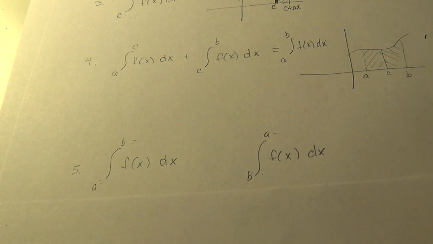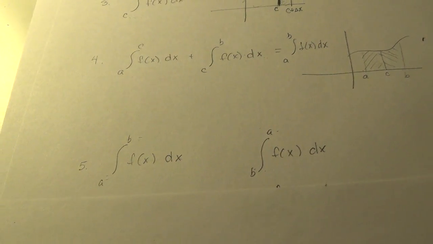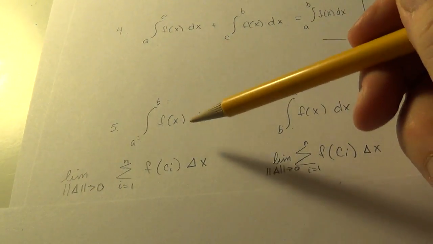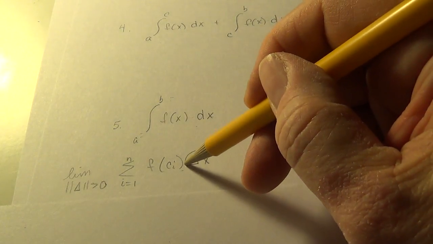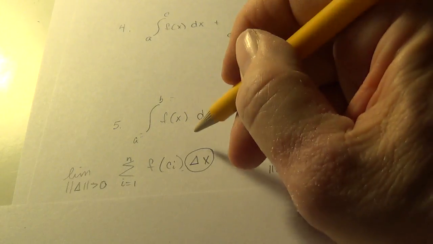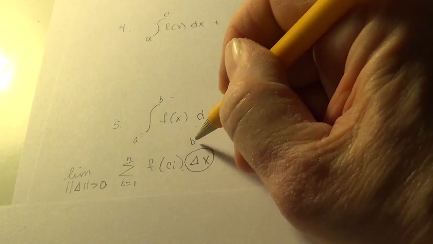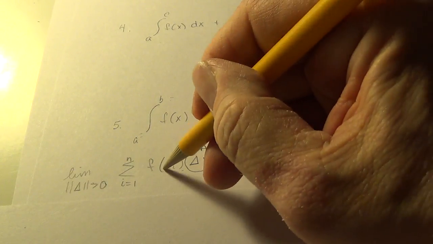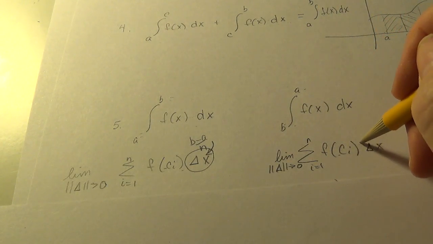So let's think about what it means in terms of a Riemann sum, and we already talked about this being equivalent to this. And I want to zero in on the change of x part, because if each of these subintervals are the same width, which they don't have to be, but if they are, it's b minus a over n for this part. And this is going to be the same as this. But what happens over here to this part?